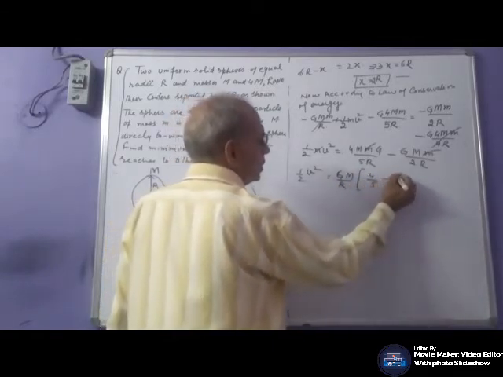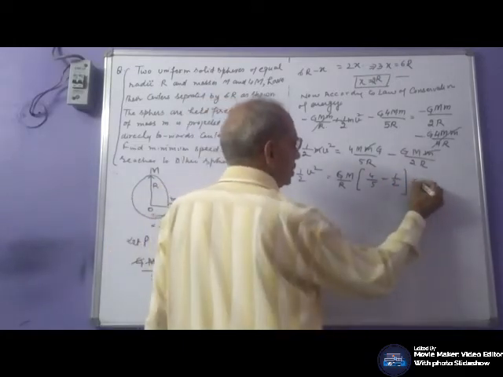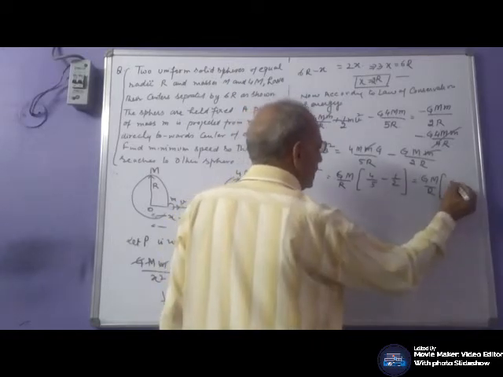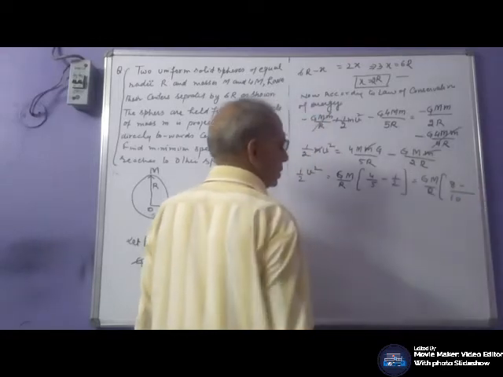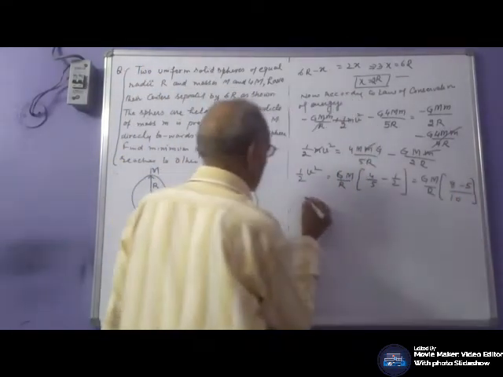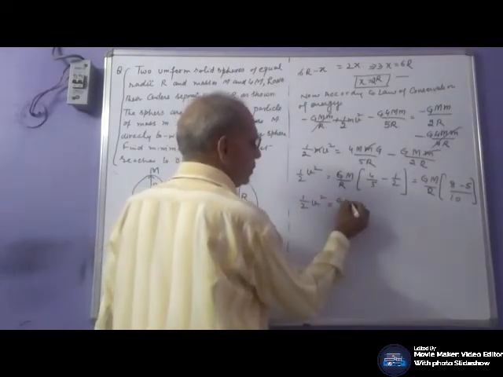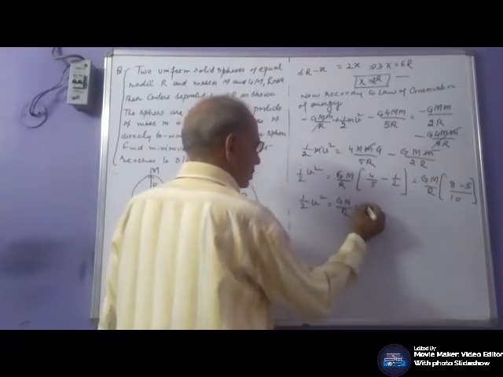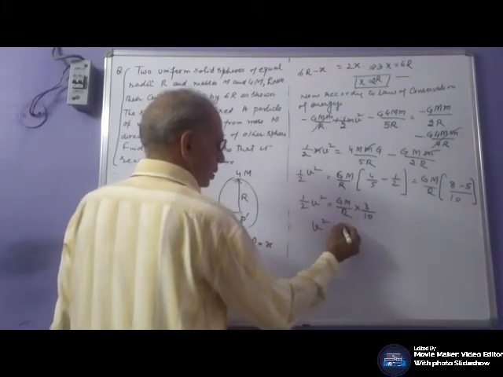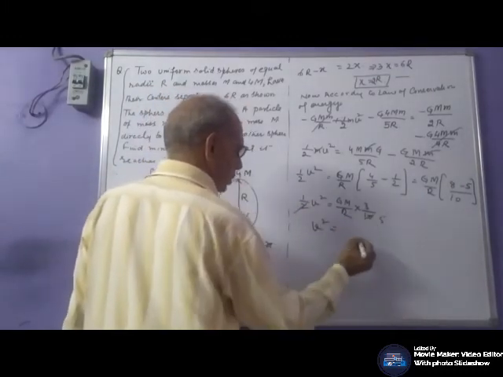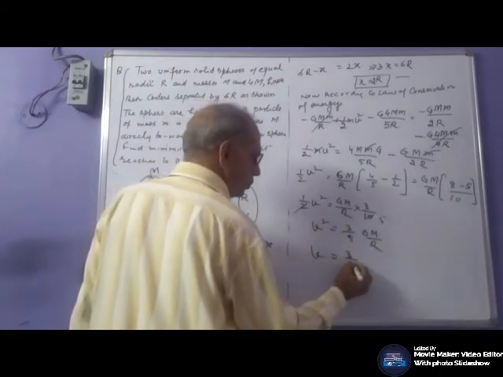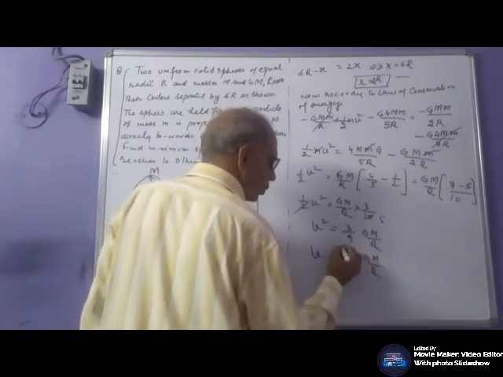4 by 5 minus 1 by 2. G M by R, LCM 10: 8 minus 5, it is half V square equals G M by R times 3 by 10, so V square is 3 by 5 G M by r, or V is root of 3 by 5 G M by r.